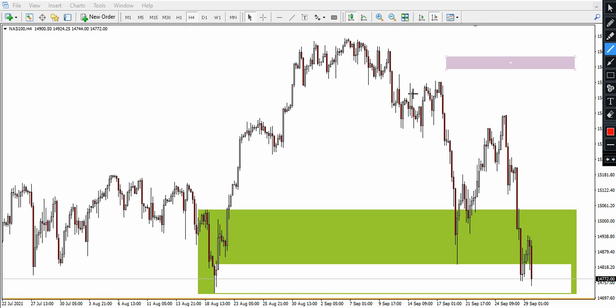We see price from this wick here going down. The structure is going down. Why from this wick? Because of a bullish candle prior to this bearish candle. So we take from the bearish candle down here and then we go up again.